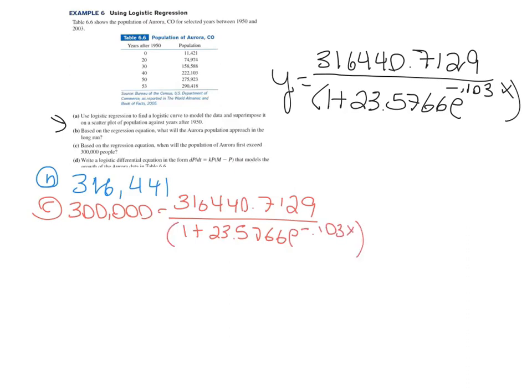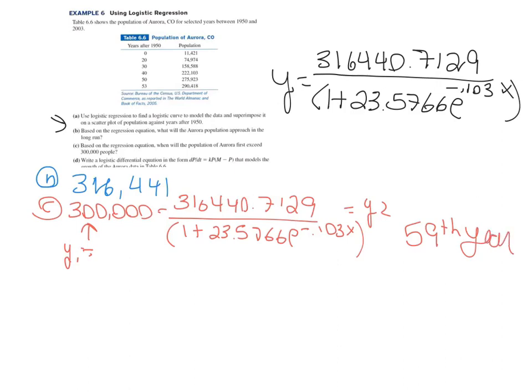So there's two things you can do here. You can either solve for x using this equation, or you could say this is y1 equals that, and then y2 equals this, and find out where they intersect, and you'll find out that they intersect at the 59th year.